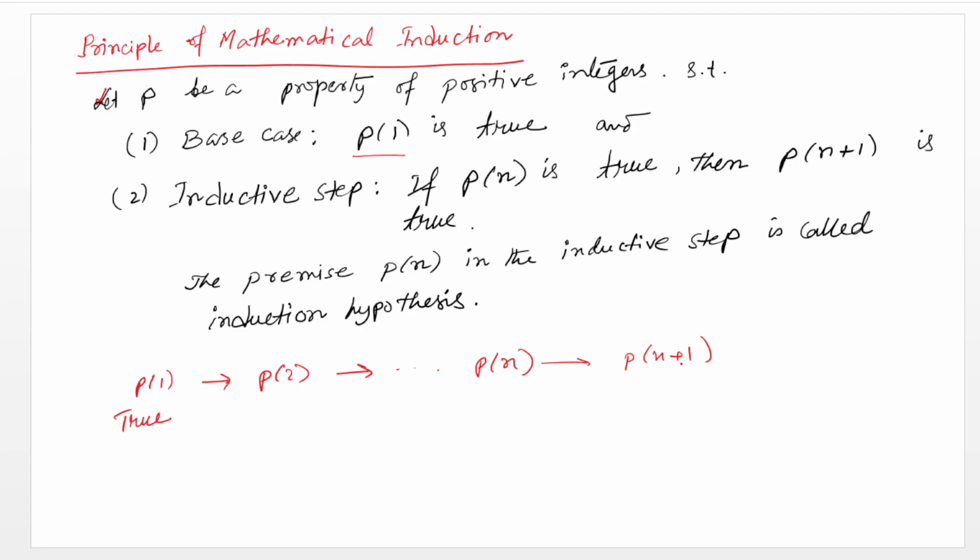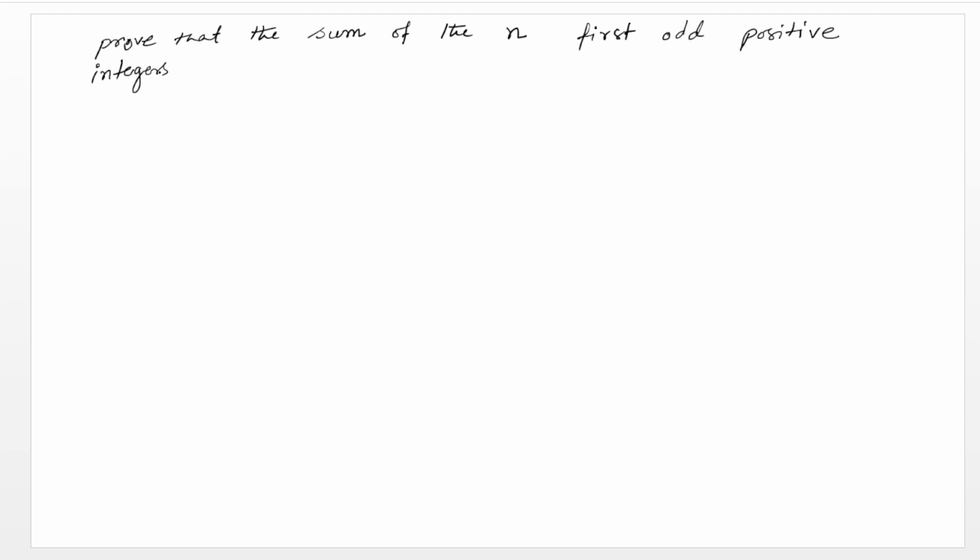Now we'll give an example. Suppose we have to prove that the sum of the first n odd positive integers is n square.